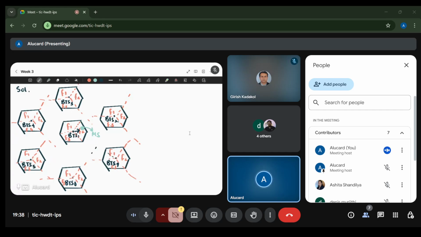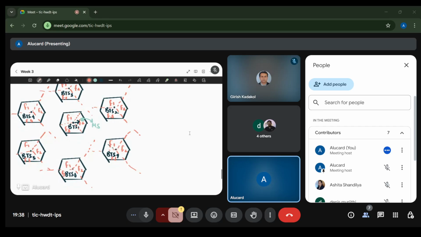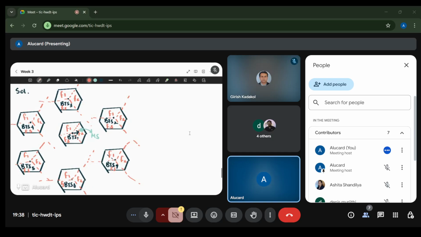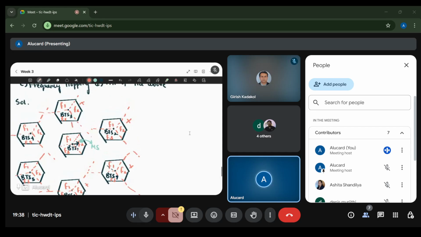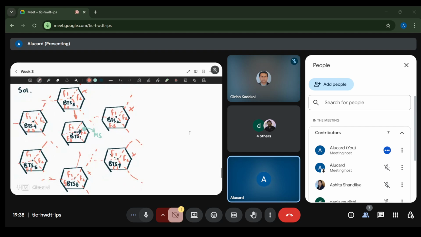And by the geometry of the co-channels here, your base station 6 and base station 3 also won't interfere, because here base station 3 is using F3 and here base station 6 is using F1.